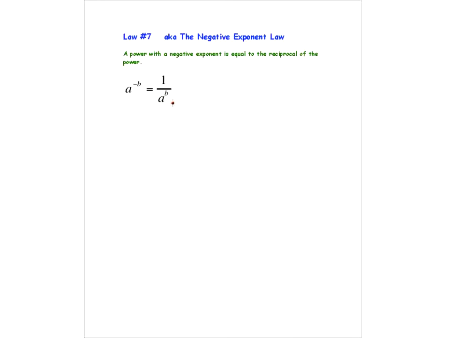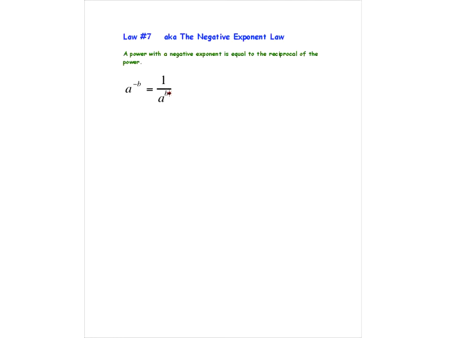You make it 1 over a to the b. In other words, a to the b is the same thing as a to the b over 1, but we're taking that fraction and switching it upside down. So we do two things: first, we make it a positive exponent. Then we take the reciprocal of it, so we divide 1 by that. So that's all there is to the negative exponent law.